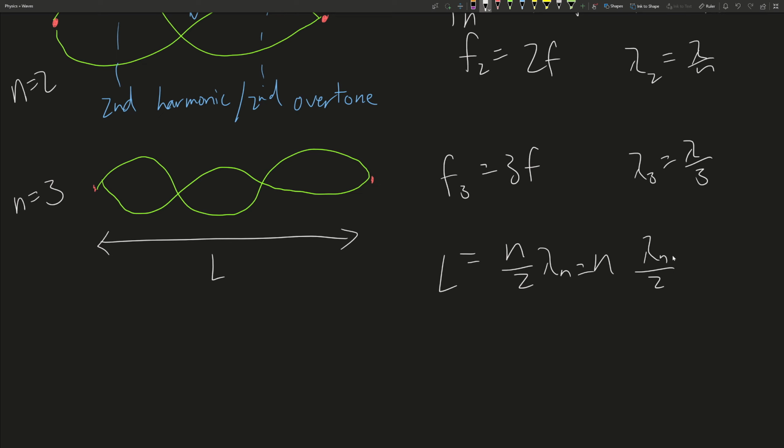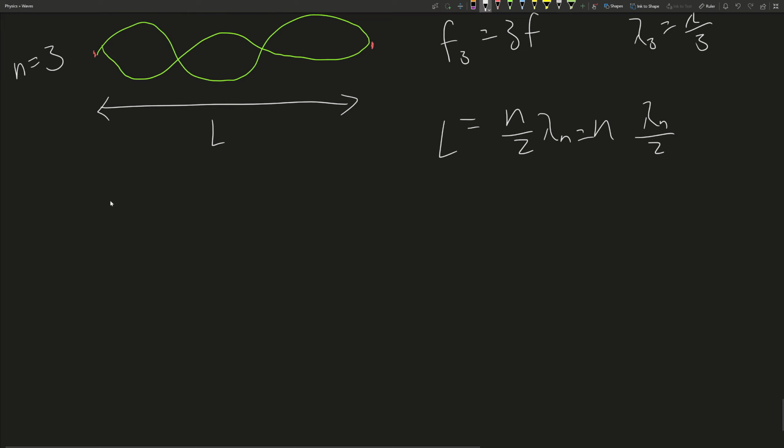So it's the wavelength divided by 2, and n is the number of antinodes or the number of bumps. So the total length of this section is equal to n times the wavelength of the nth harmonic divided by 2 for two fixed ends. So again, this is like a string where both ends are fixed.